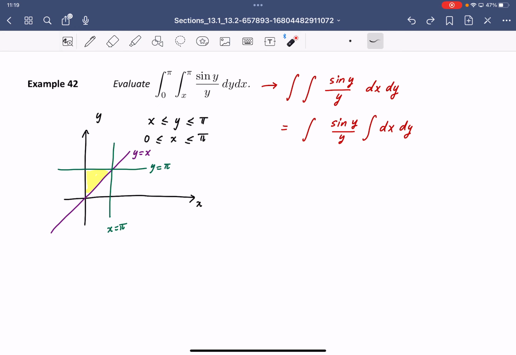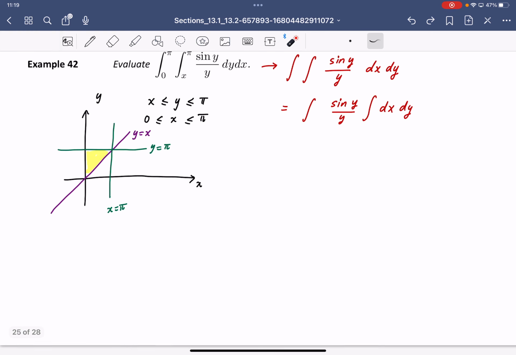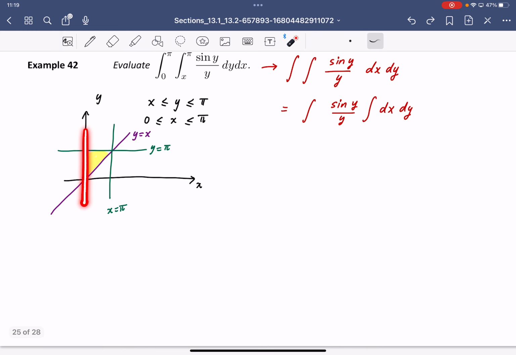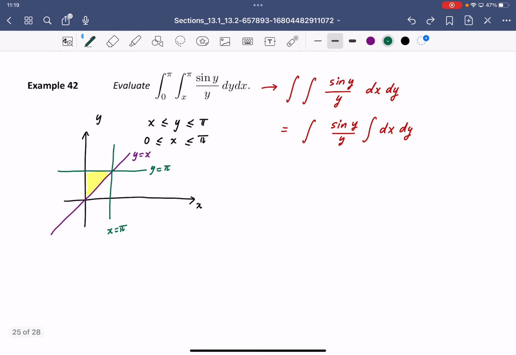So what is the order here? x starts from 0 to y, makes sense? And y is going to be from 0 to pi. Sounds good?